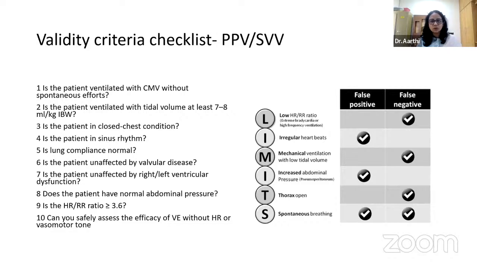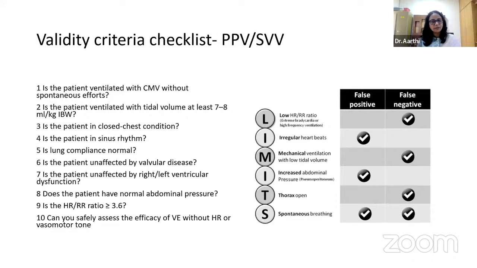In certain situations, such as extreme tachycardias or extreme bradycardias and high frequency ventilation, the pulse pressure variations may be falsely negative. In irregular heartbeats like atrial fibrillation, the pulse pressure variation might be falsely positive. When patients are ventilated with low tidal volumes, as in ARDS, that might also give us falsely negative values.